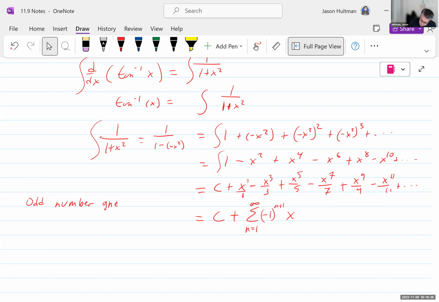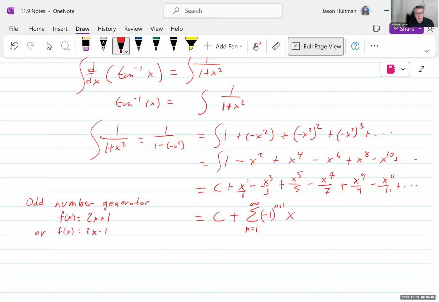The odd number generator, you can have f of x equals 2x plus 1, or f of x equals 2x minus 1.